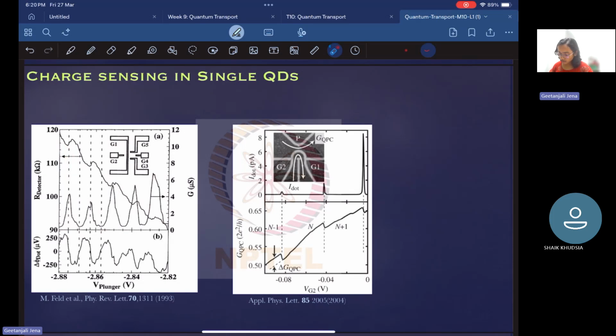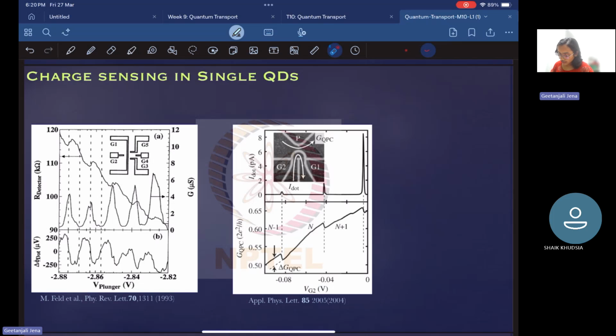Also, you can get more conclusions from this figure. In this experiment, when they increase the gate voltage in the negative direction, the first plot is for the current through this quantum dot.